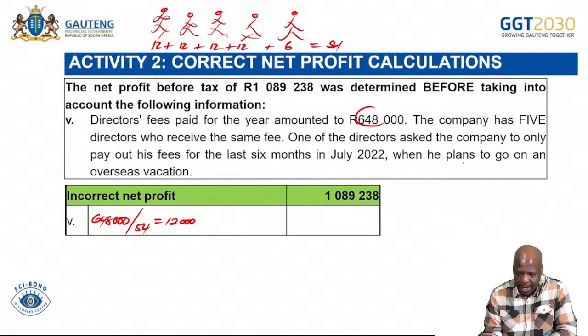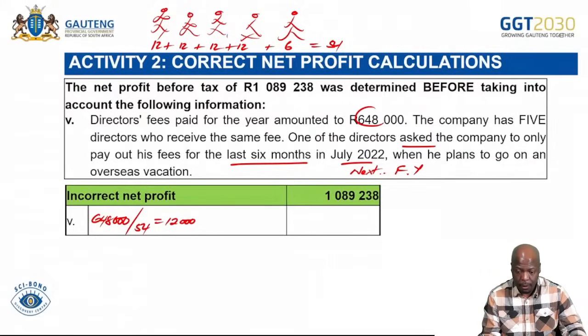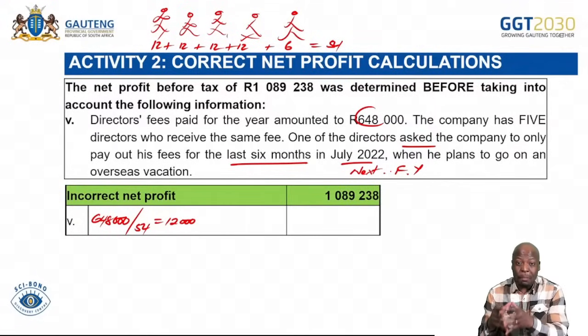And we have a director who has asked to only be given his director's fees for the last 6 months in July. July is the next financial year. So he's saying, please pay me next year. Okay. But regardless of the fact that we will pay him next year, remember, he is part of the company's expenses for this year. So the director's fees for this year must still be recorded for this guy.